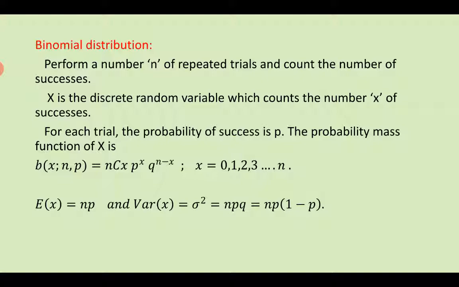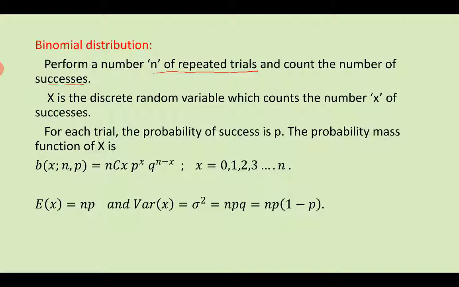Now what is binomial distribution? Perform n number of repeated trials and count the number of successes. For example, you are drawing a card from the deck of 52 cards 10 times by replacing it.